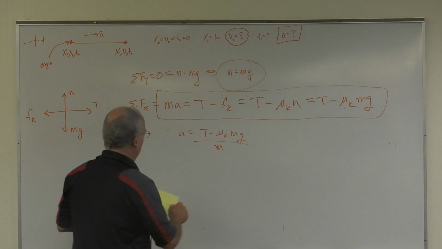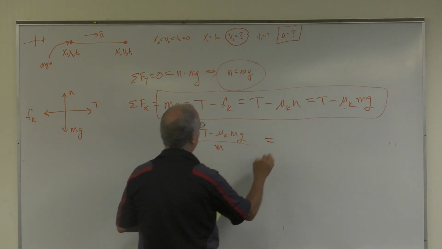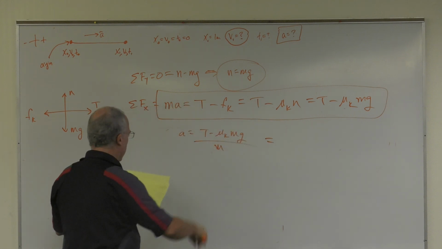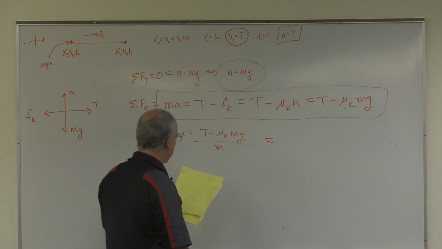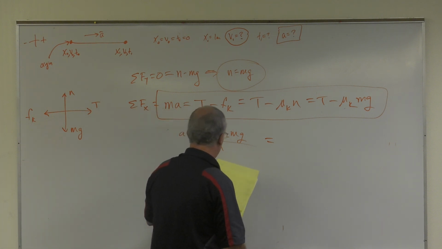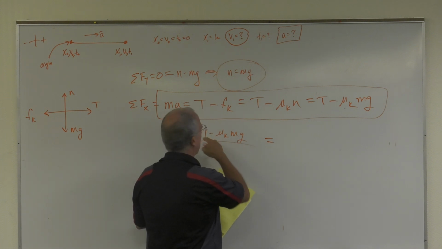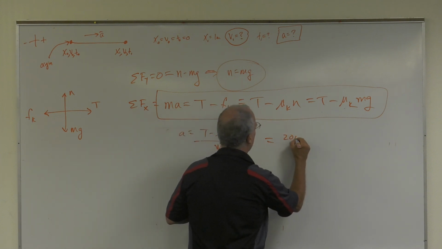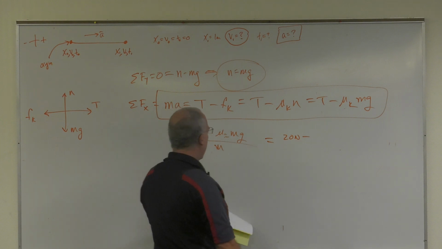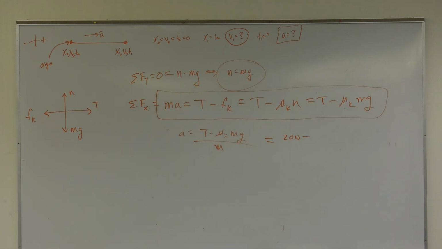And you just plug it in. I'll do it, why not? So T is 20 newtons. Mu k, steel on steel dry, is 0.6.